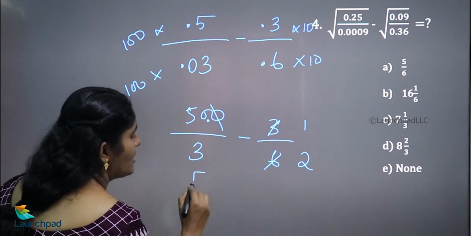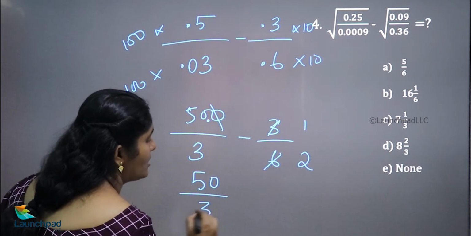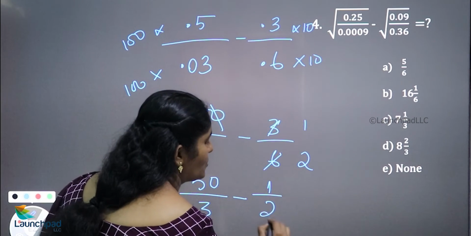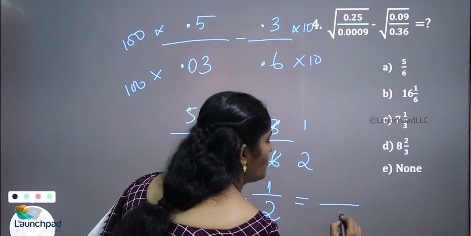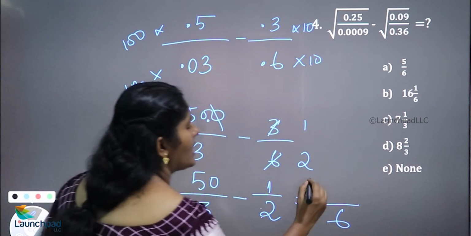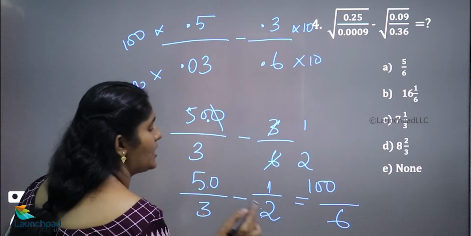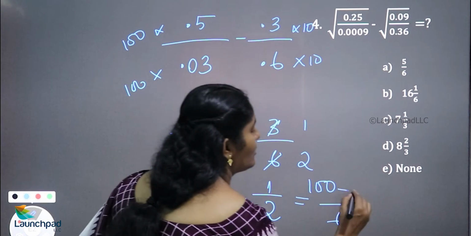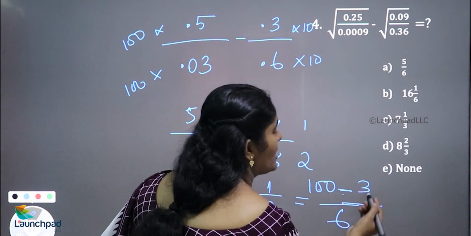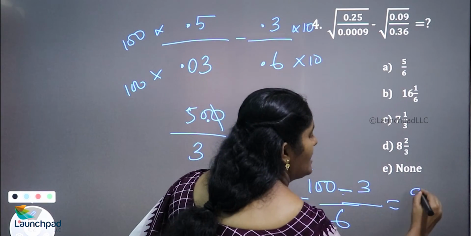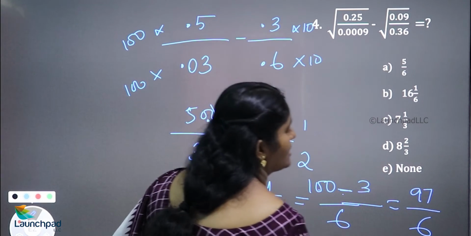So finally 50 divided by 3 minus 1 by 2. 3 twos are 6, 5 twos are 100, that is 100 minus 3 by 6 is 97 by 6.